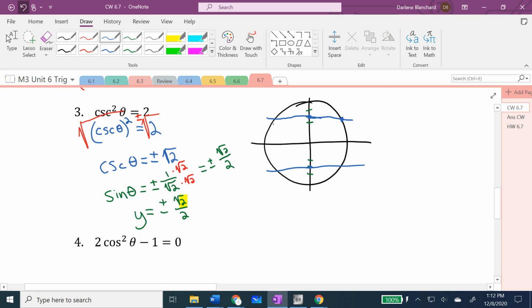That gives me 4 different angles as I go around the unit circle one time. What are those 4 angles? Good. Excellent. Good.